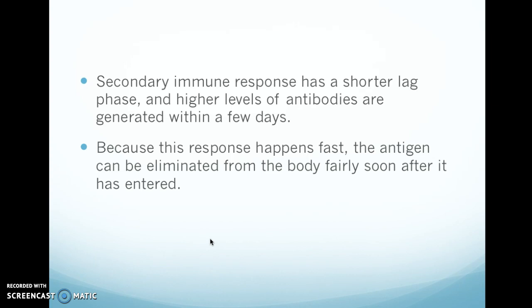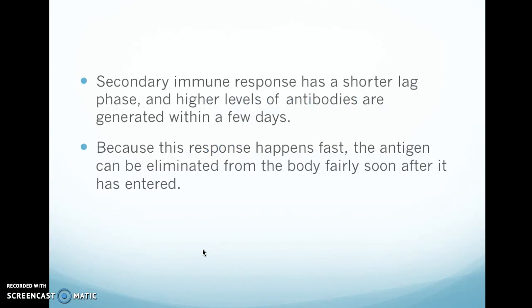And when the secondary immune response occurs the second time, or however many times after that, the person is exposed to the same antigen. At this point, there are memory cells that have been established, so our bodies will recognize it, and the immune system can immediately start making antibodies against this pathogen.